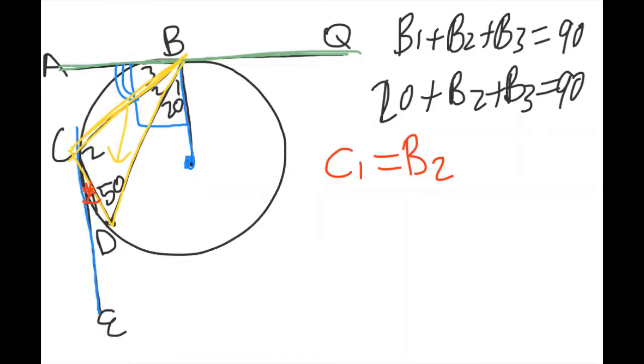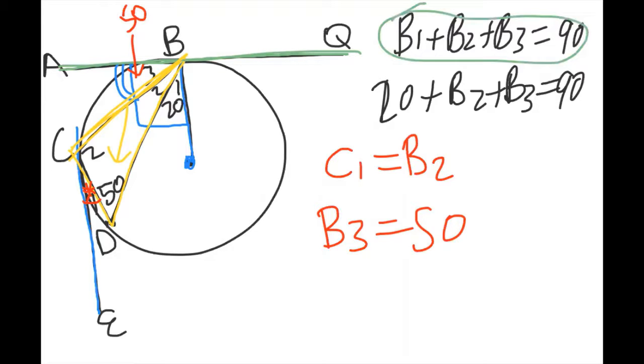So B3 equals 50. Now if we use B1 plus B2 plus B3 equals 90, then B2 will equal 20.